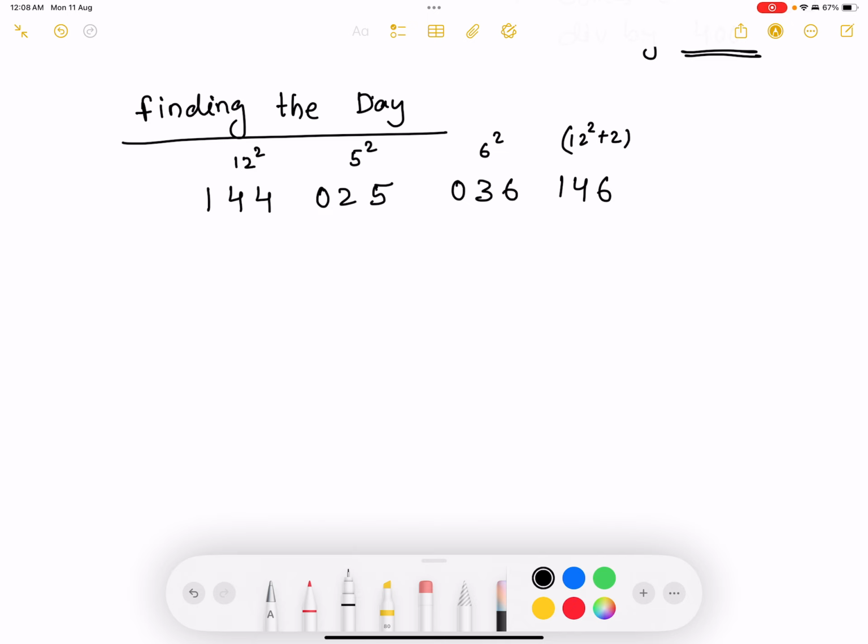This is the code for the months: January, February, March, April, May, June, July, August, September, October, November, December.